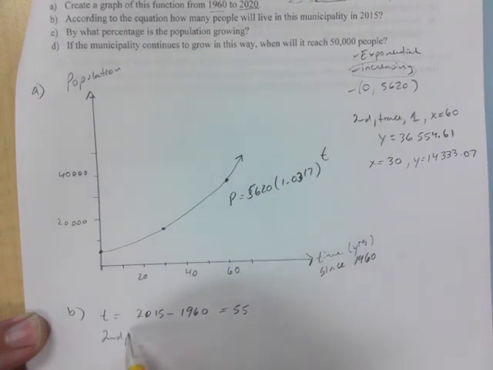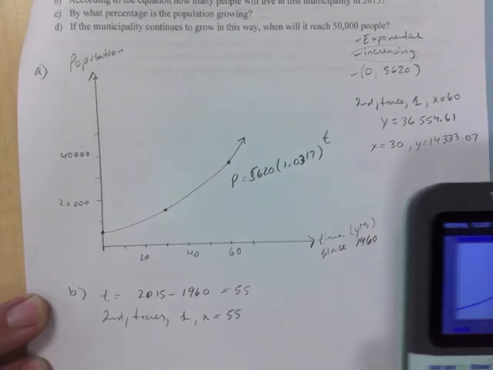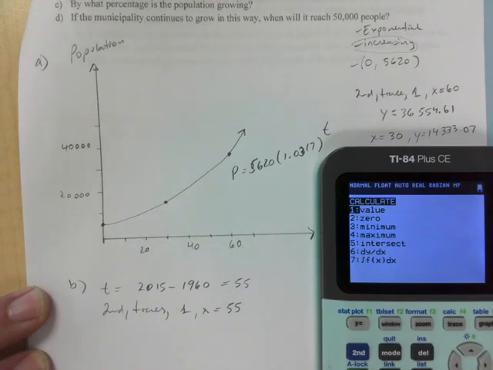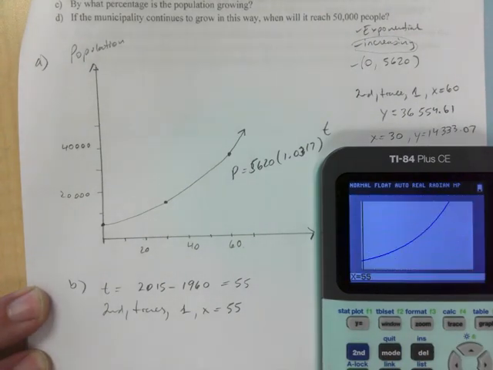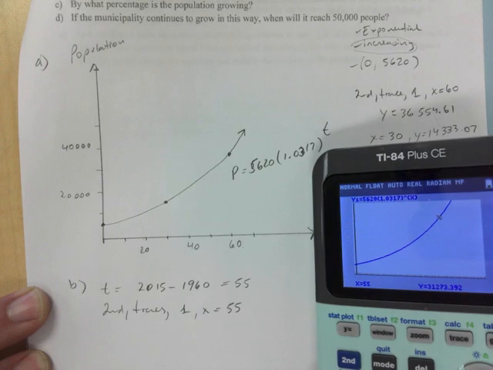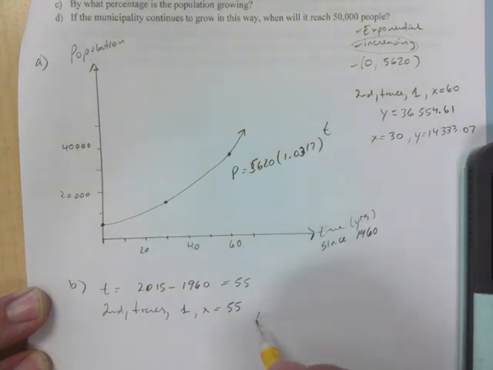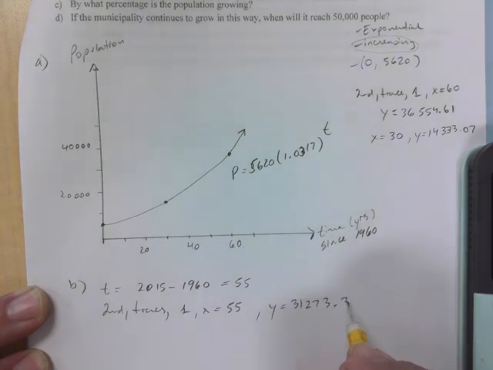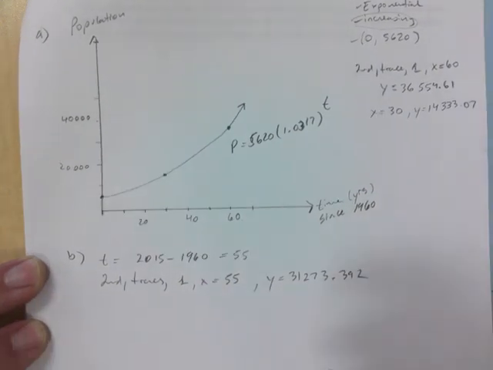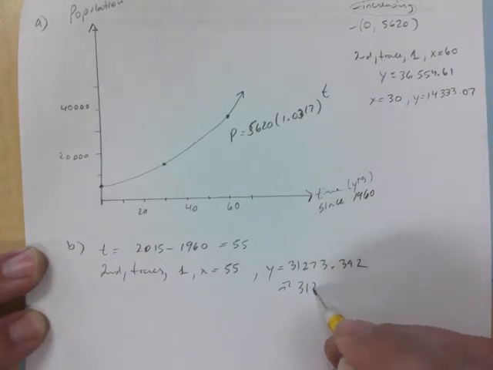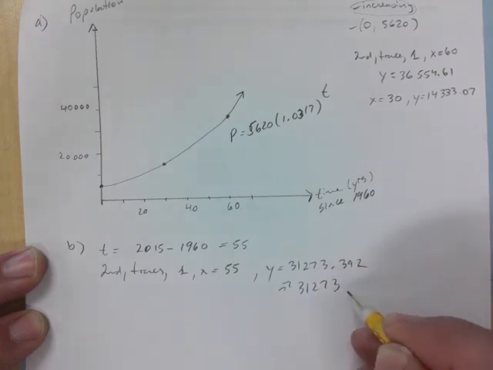So second trace 1, x is equal to 55. So it would be 31,273.392, which is approximately 31,273 people.